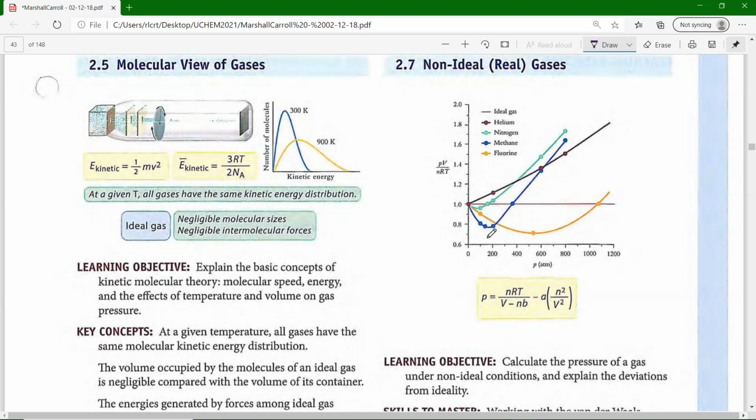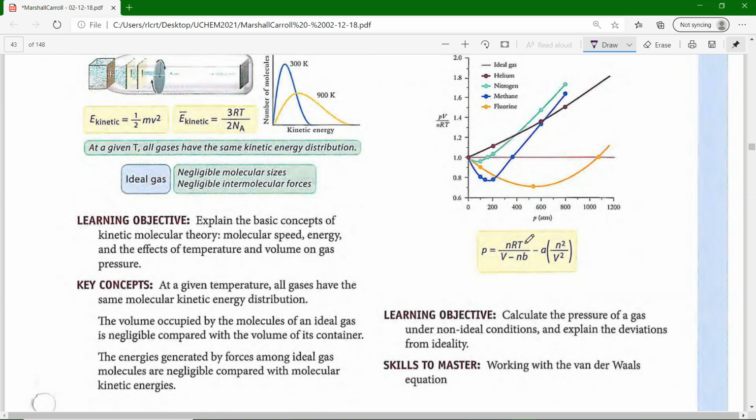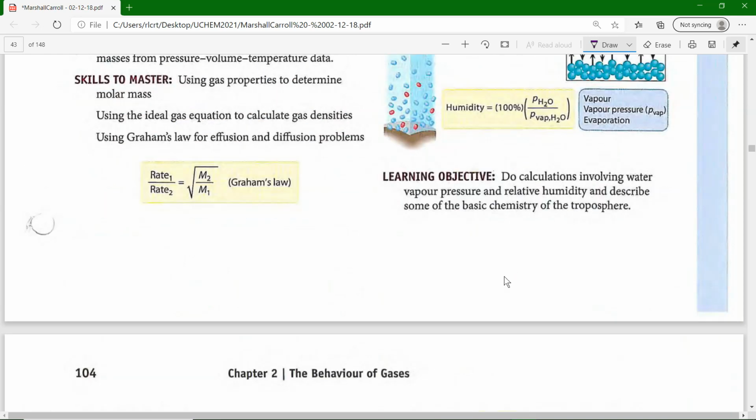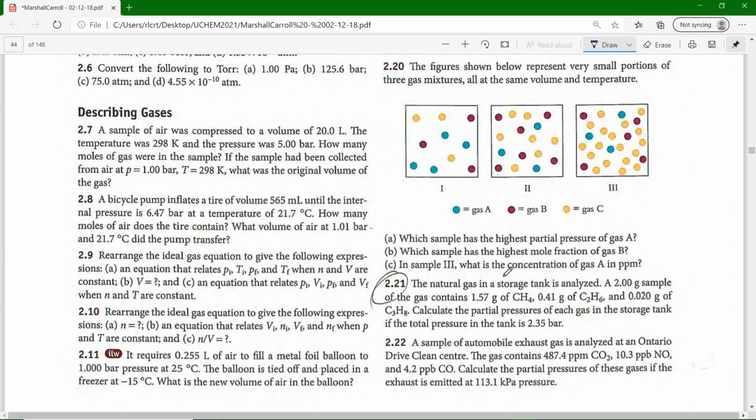You see a bit about the van der Waals equation here, that P is nRT over V, but you have that little correction factor in this correction term. So you have two correction terms to show that gases are actually real. There's no such thing as an ideal gas, even though we use these ideal gas equations to give us a rough idea on how things work.